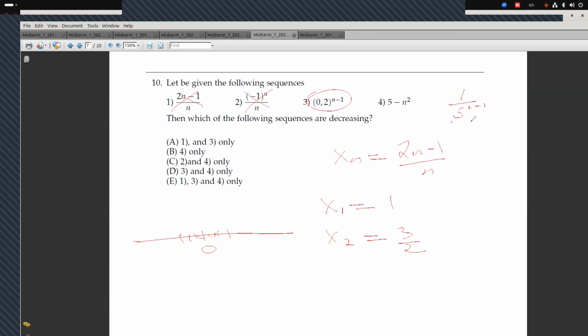Do you agree that 5 to the power of n minus 1 is increasing? Since 5 to the power of n is increasing, 1 over it is decreasing. And the other one, yes, decreasing obviously, minus n squared.